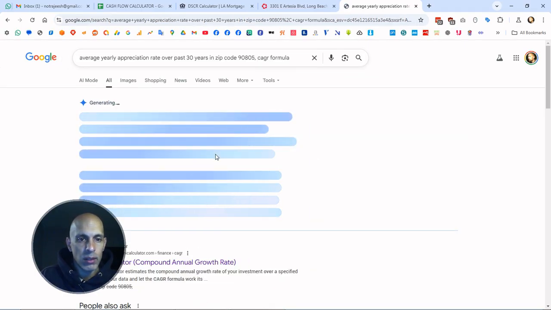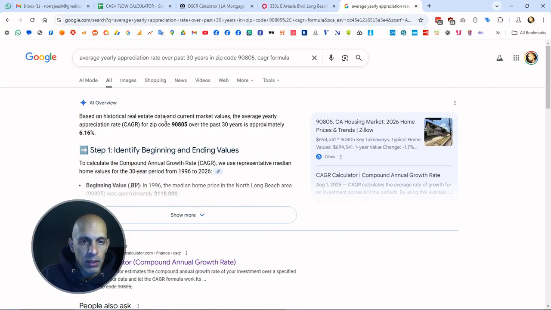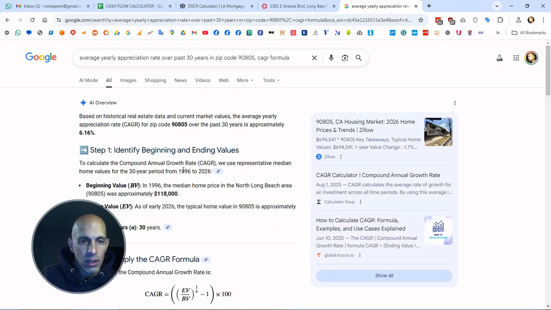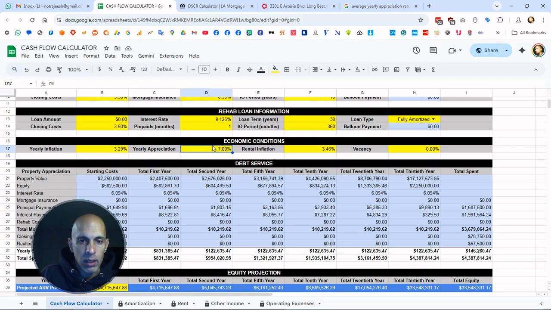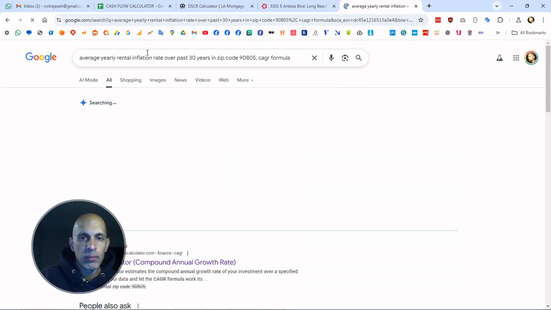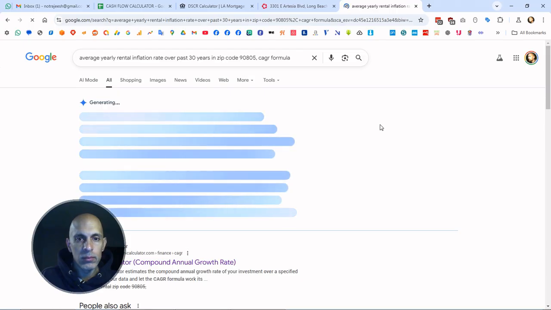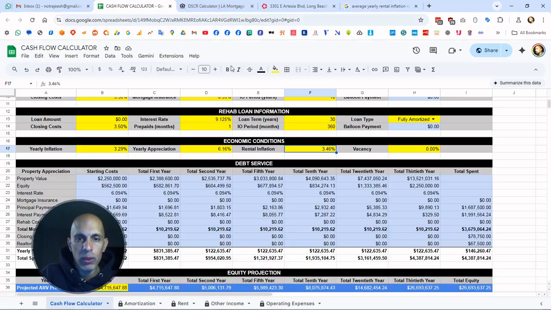So let's see what this adds up to. So they are saying 6.16%. And now rental inflation. Average yearly rental inflation. They are saying it is 3.01.